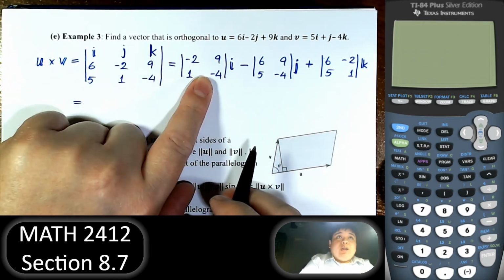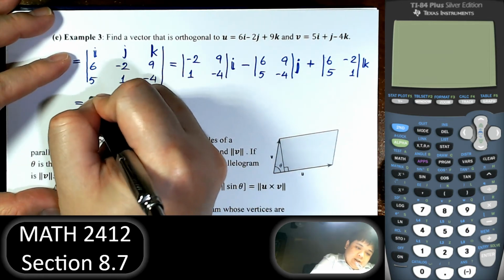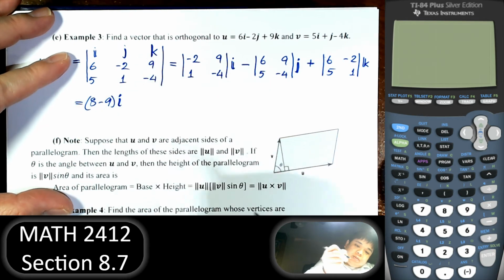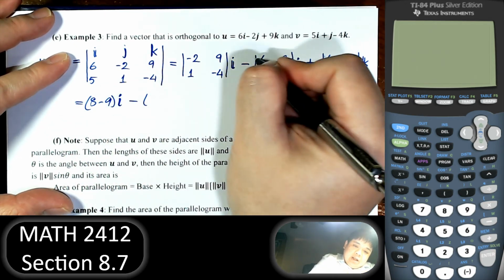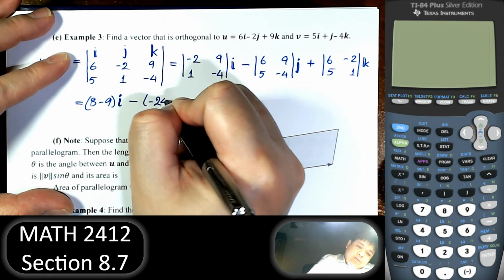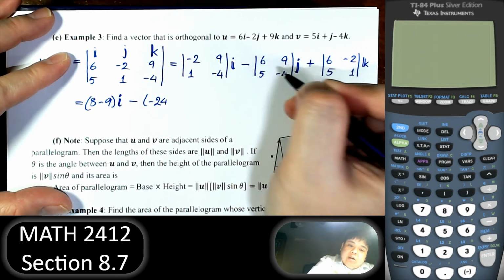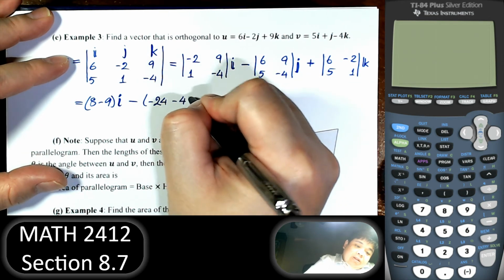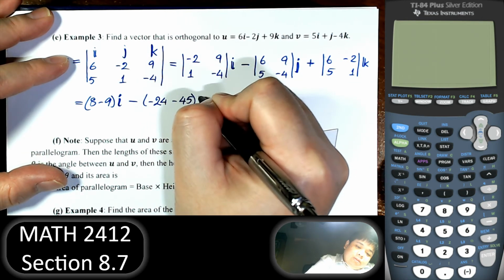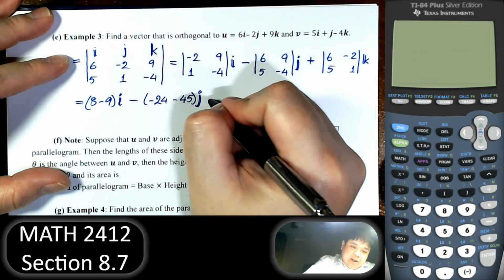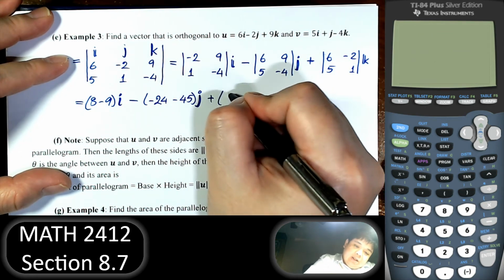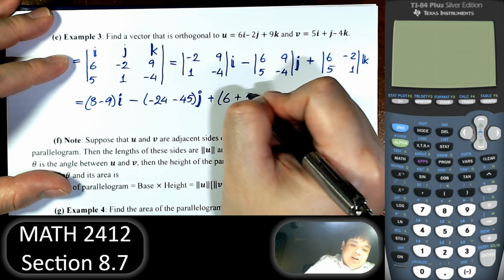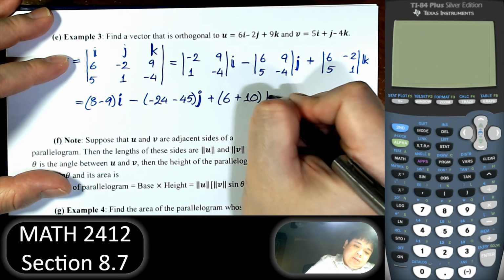Right, negative 2 times negative 4 is 8, minus 9 in the i direction. Subtract negative 24, 5 times 9, negative 45, j, and 6 minus negative 10, minus negative 10 is plus 10, k.